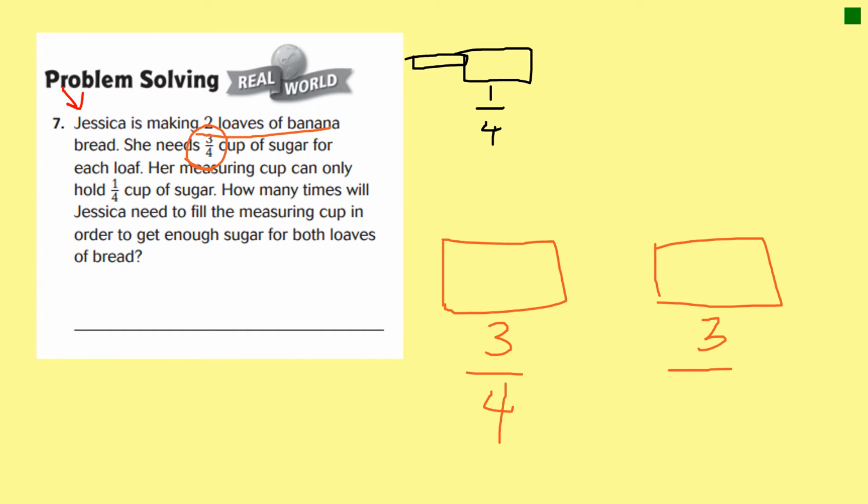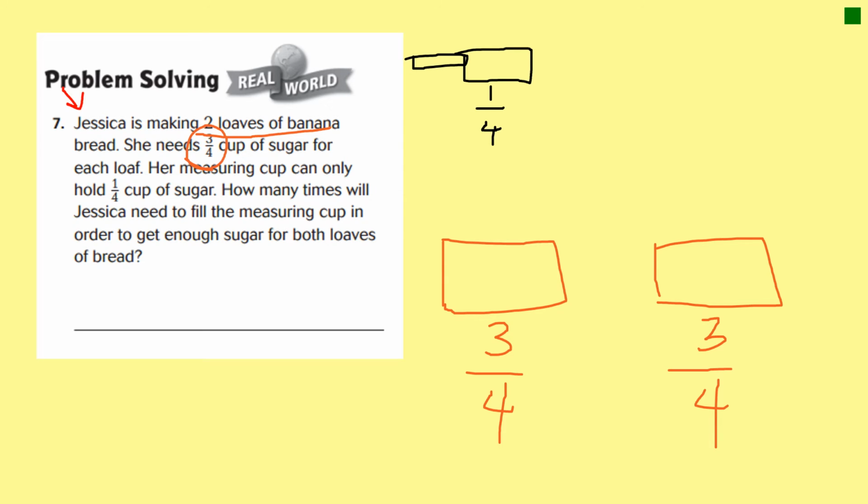And what does this loaf need? Also 3/4. Okay, so guys, like always, I'm rereading, and I'm reading it in chunks. So I'll read a sentence and really digest it and try to understand it. Then I'll go to the next sentence and I'll think, what does that mean? Is there a way I can write that to help me visualize it?